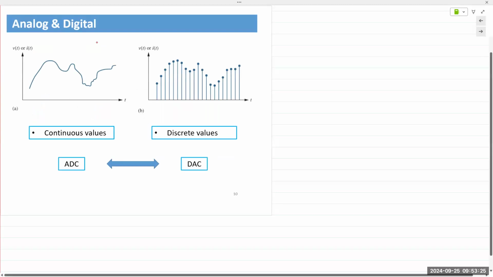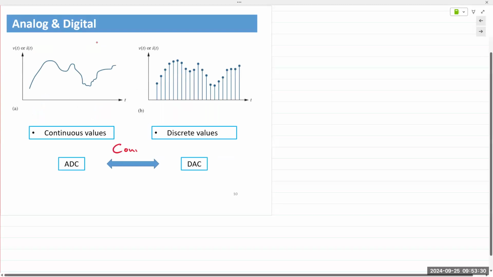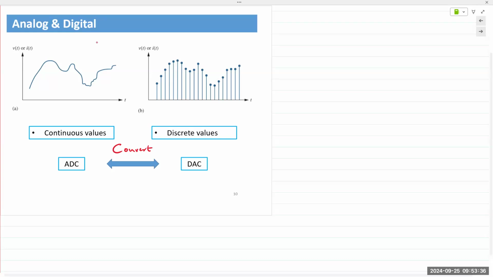And then we often have the need to convert between analog and digital. So we use ADC and DAC converters. Analog to digital converters referred to as ADC, and DAC, which I believe you built in 143, digital to analog converters. So you have a need to go back and forth.